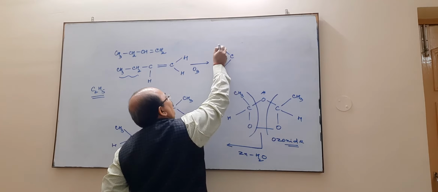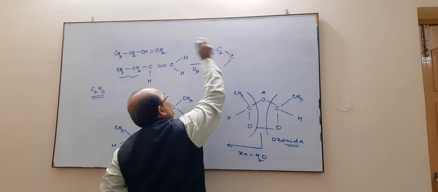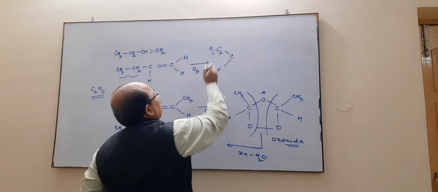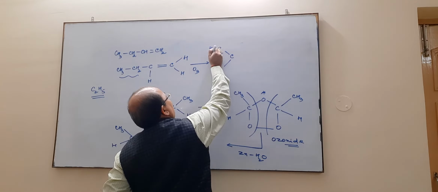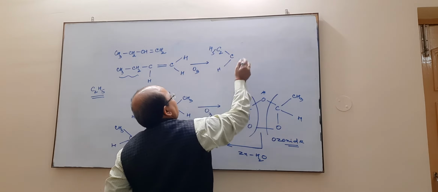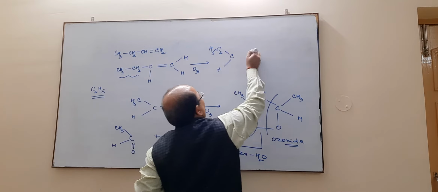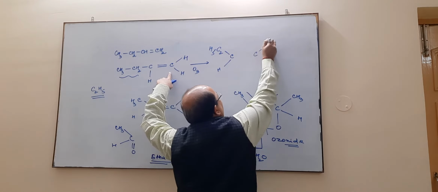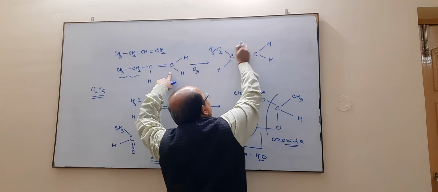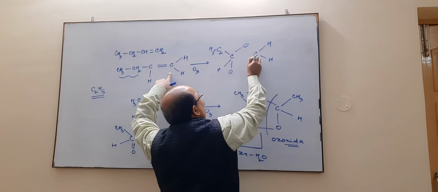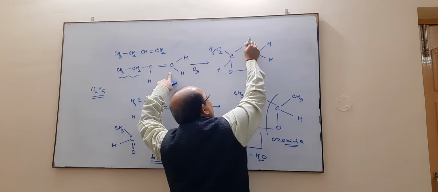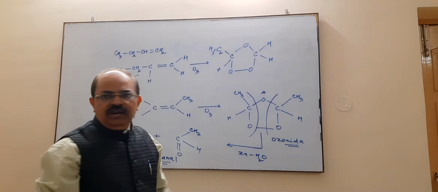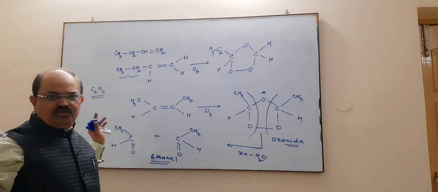Suppose this is your ethyl, C2H5. Then we have this carbon with H and H. See, this is your ozonide.